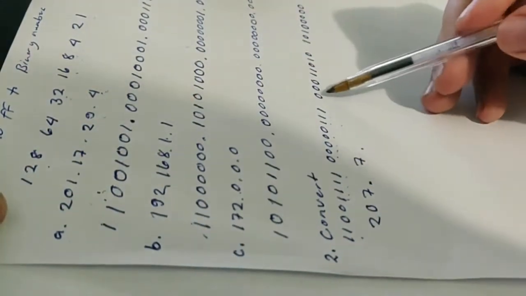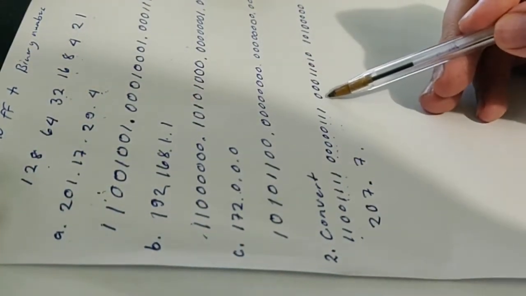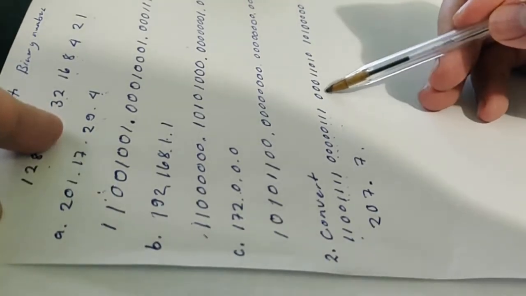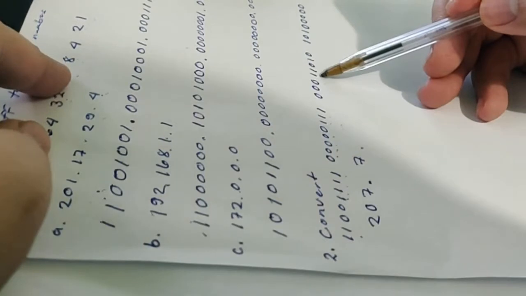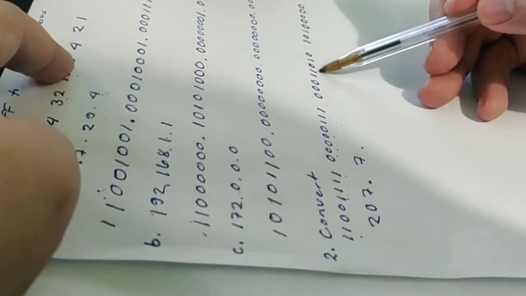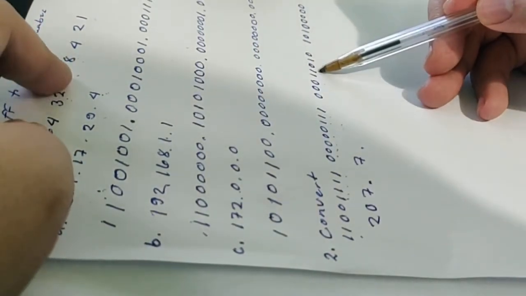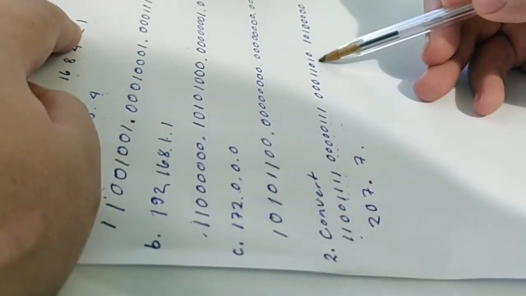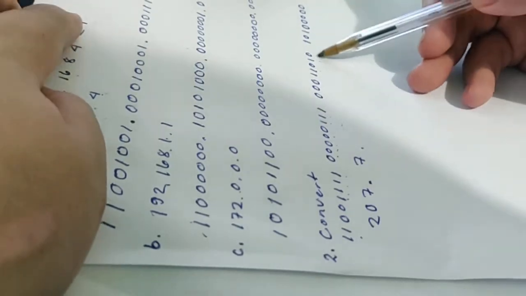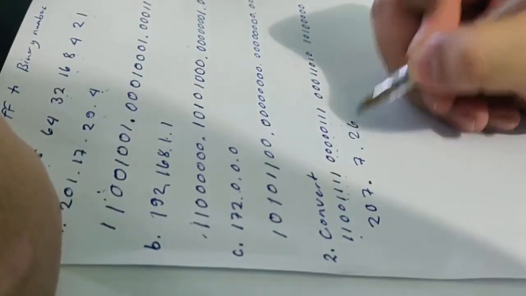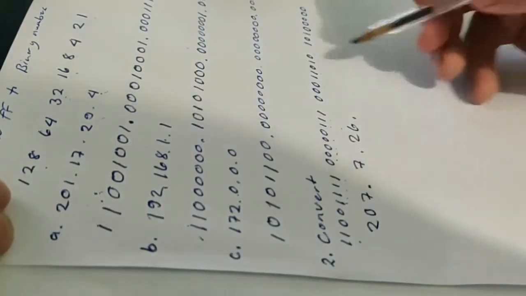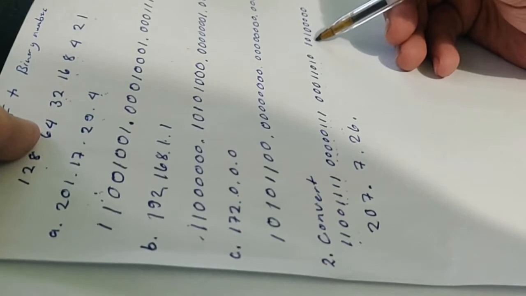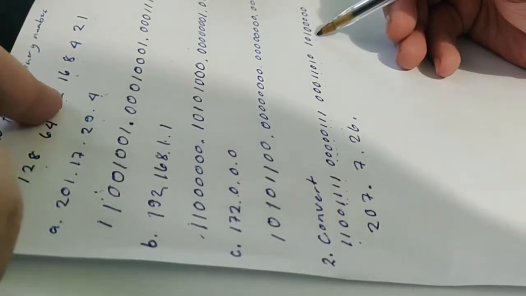Okay, next part, second octet: 128 is off, 64 is off, 32 is off, 16 is on. 16 plus 8 is 24, 4 is off, so 26. Then the next octet, again: 128 is on, 64 is off, 32 is on.